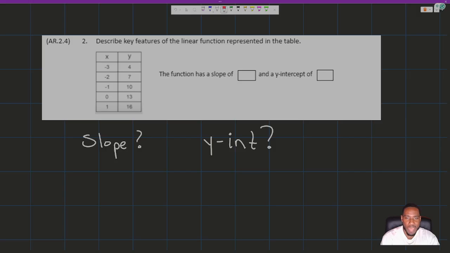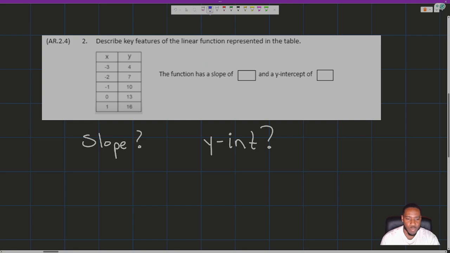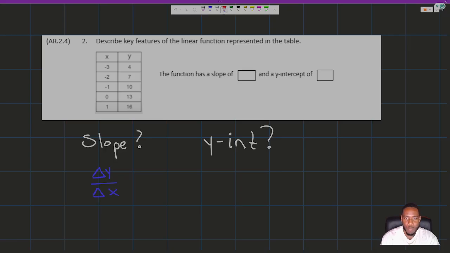Now, remember that when we're saying slope, all that means is we're looking for a change in y over a change in x. And for the y-intercept, we're looking for the place on our graph where we have an x value of 0. That's also called b in slope-intercept form. All right? And so we're looking for those 2 key features of this linear function.